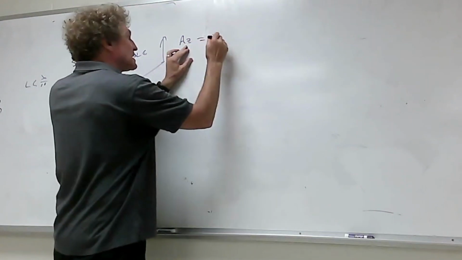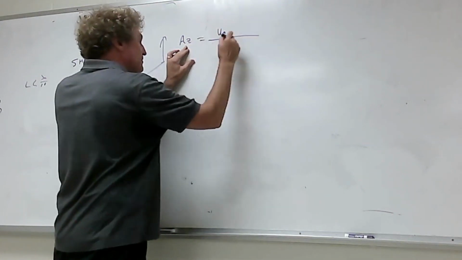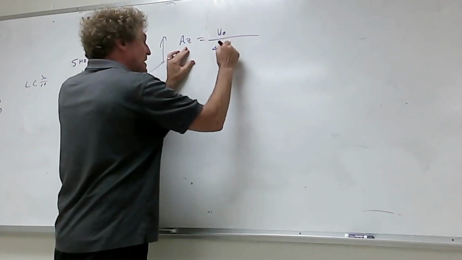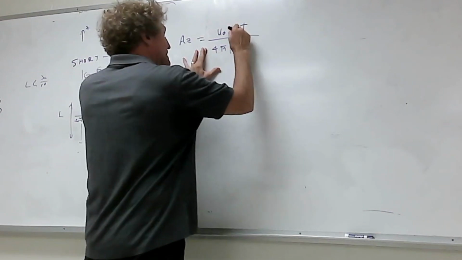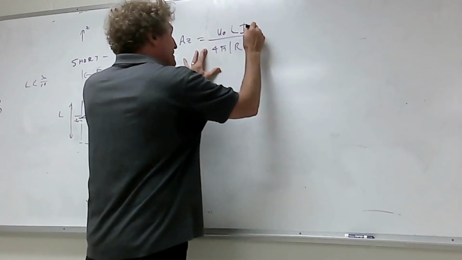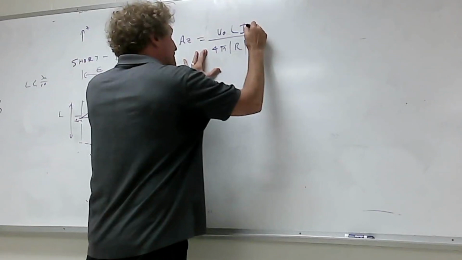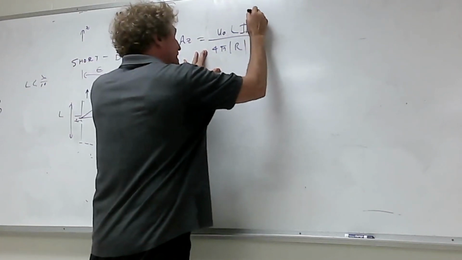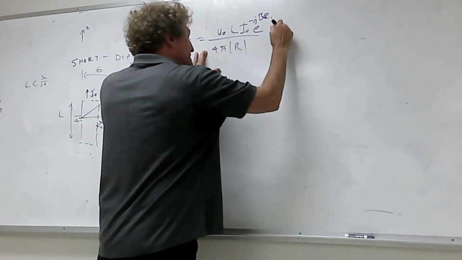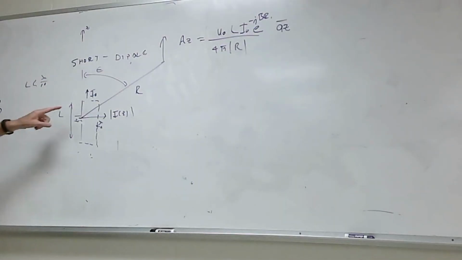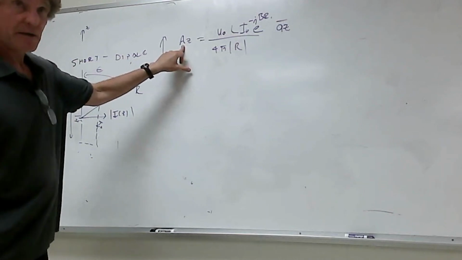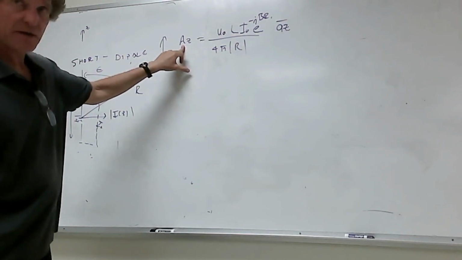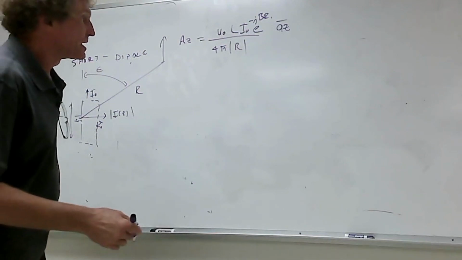This value of AZ would be equal to mu 0 in free space over 4 pi, times the length L times I naught, the current, over the magnitude of R, times e to the minus j beta r, in the AZ direction. Usually I make this infinitesimally small, but Whitmore's book doesn't. He uses L here, because that way this will be a differential A instead of an actual value of A, because now the length is finite but it's short.